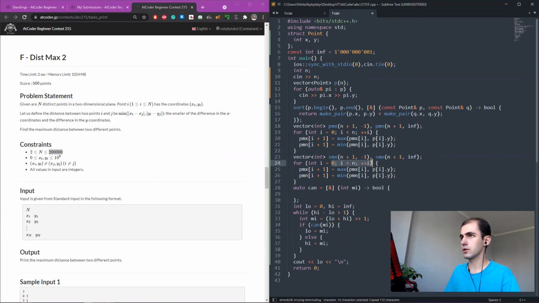This loop goes in reverse order from here. Suffix, suffix, suffix, that is technically speaking incorrect.